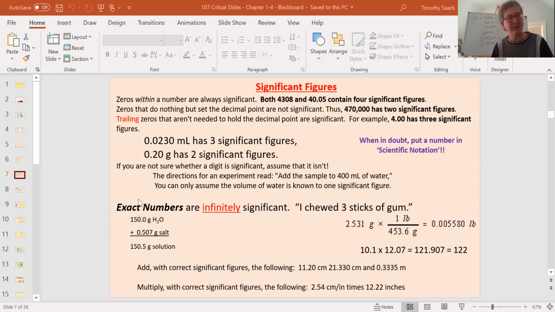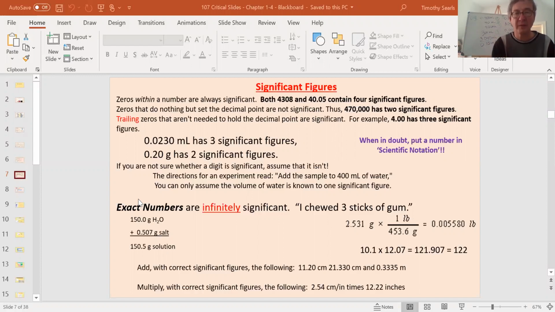You think, is that one significant figure? No, it's infinitely true. It's 1 infinite, right? How many sticks of gum in a pack of gum? Let's say there are 8. That's infinitely true. Exact numbers should not limit you. And these are often a description of frequency, right? So if I say that I come to school 5 times a week, that's 5 infinitely true.